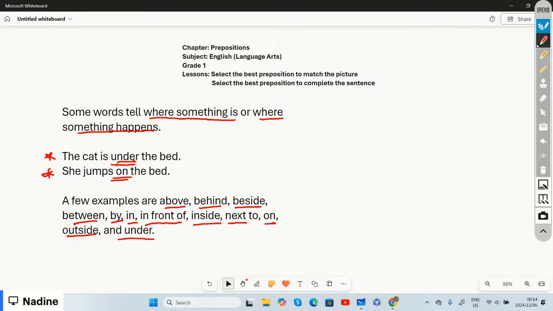Those are a few examples of prepositions.